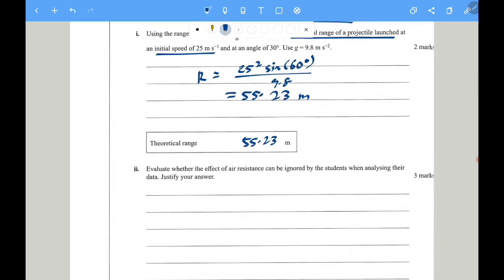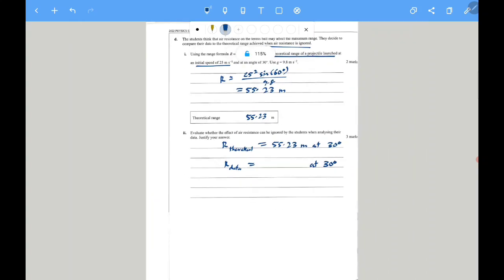Alright, evaluate whether the effect of air resistance can be ignored by the students when analyzing their data. Okay, so the range that we calculated that was theoretical, right, turned out to be 55.323 meters at 30 degrees. Now let's compare this to our actual raw data point at 30 degrees, right, before we make our conclusion.